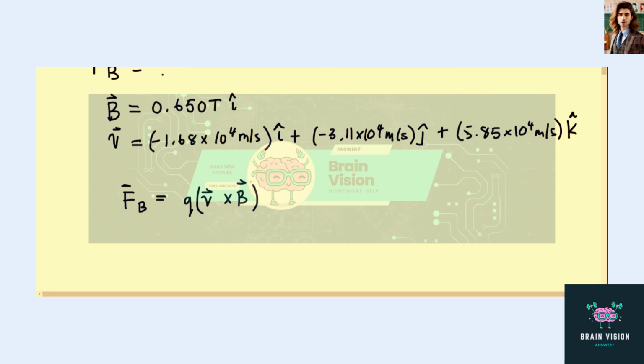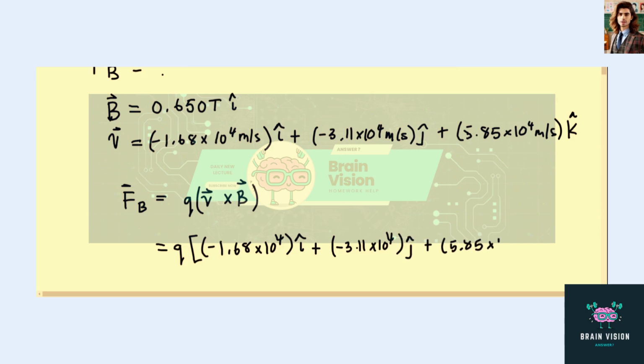You can do it like that, but I prefer to do it with the unit vectors, especially if one of the vectors only has one component, like B does here. So I'm just going to leave Q as Q for now so I don't have to keep writing it. And then I'm going to fill in my V and my B. So V is a bit cumbersome. I'm just going to leave out the meters per second at this point because we all know there's meters per second there.